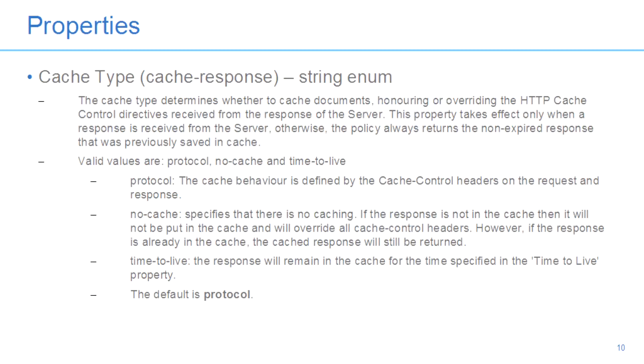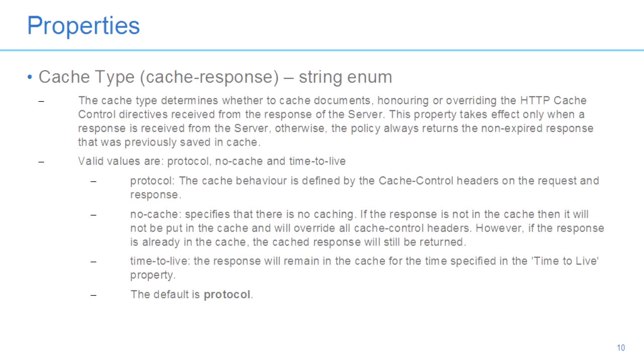No cache basically specifies that you don't want to cache this no matter what's in the headers. Now there is a proviso here: if this document or the response was already cached and is already in the cache within the DataPower appliance, the document will be retrieved from the cache. But if it wasn't there, it wouldn't put it in the cache if you've got no cache. So it's not saying don't get it from the cache.